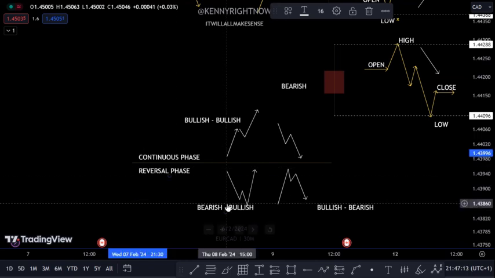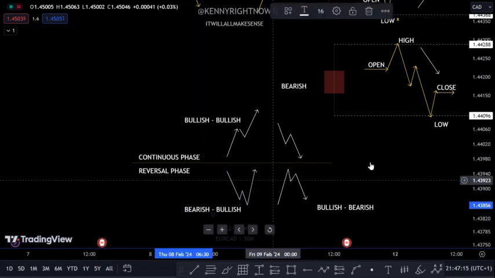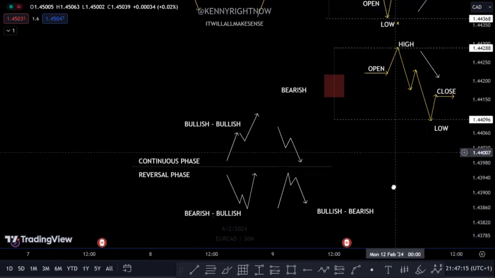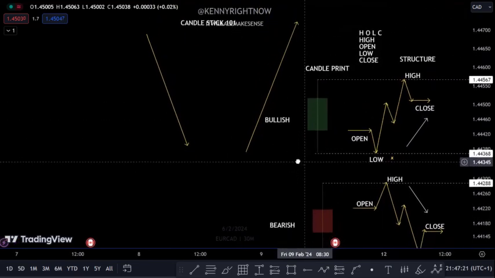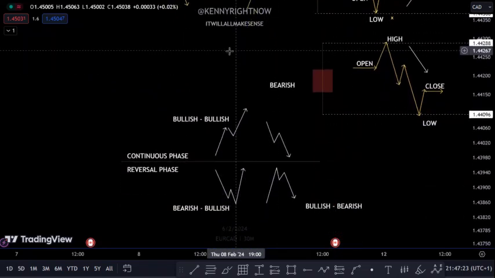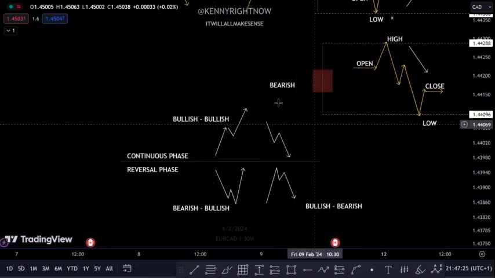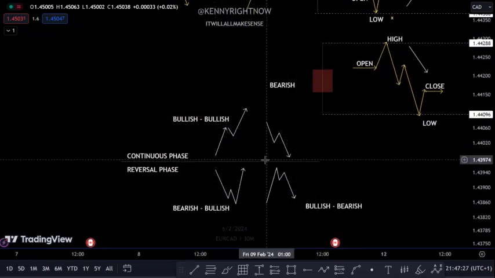Now, this is the whole dynamic we need to understand in trading. We've done the whole candlestick 101. Aside from these 4 things I drew here, this is the only thing the market will do. The market will not do anything other than these 4 phases we've drawn.